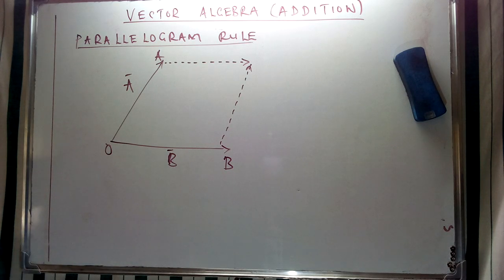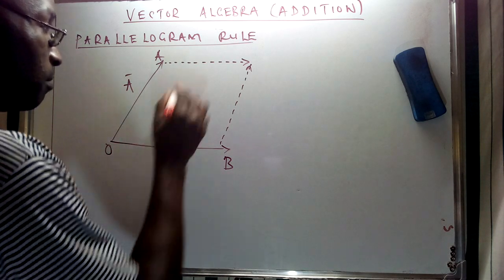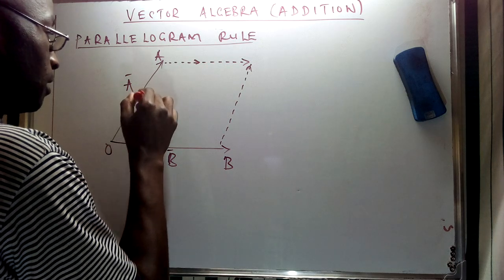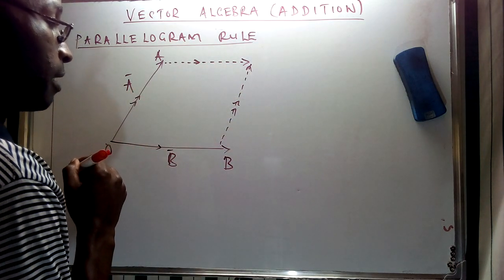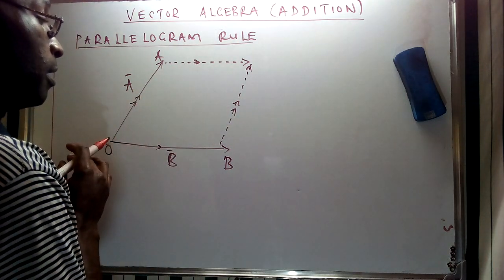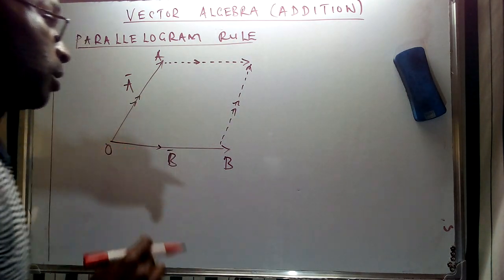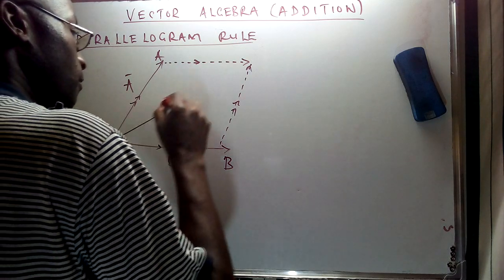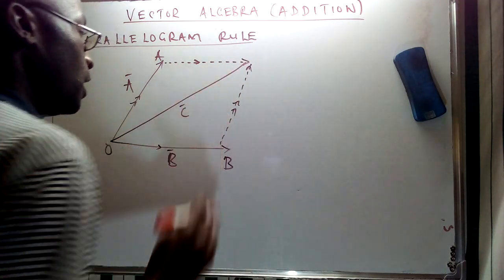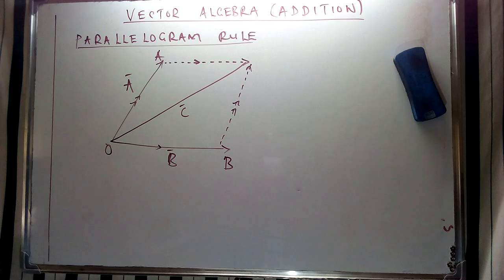So if we look at this, suppose this one is parallel to this, and this one is parallel to this, this is going to describe a parallelogram, a two-dimensional geometrical figure. So we can describe a diagonal for this given as C, which is going to be a resultant vector from this particular case.